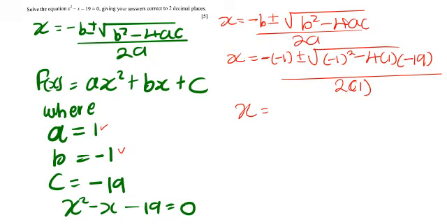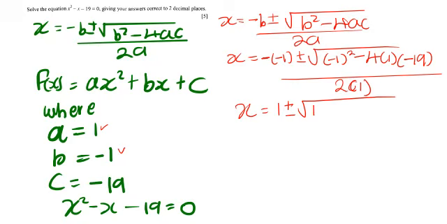Now negative multiplied by negative 1 will be positive 1, and then you write positive or negative, the root of, now negative 1 everything squared is positive 1, and then you have negative 4 multiplied by 1 multiplied by negative 19.